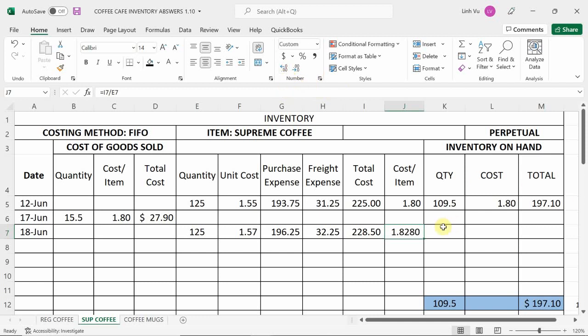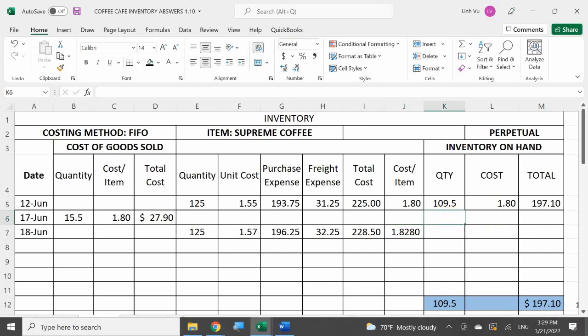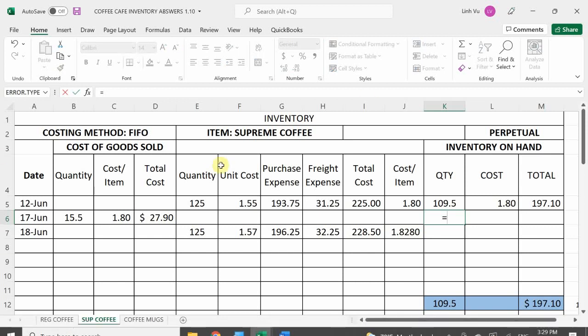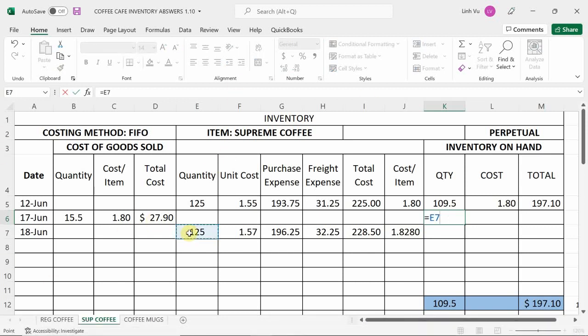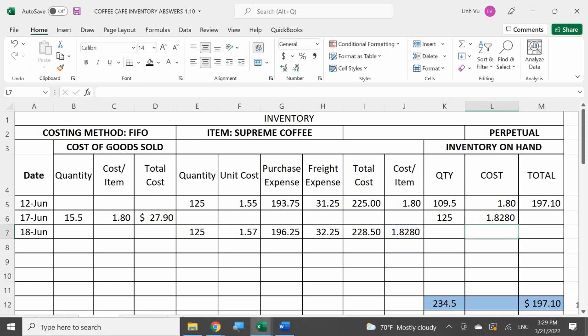Good. So what I'm going to do is carry this value into my inventory on hand, saying that I have 125 pounds costing me $1.0828, okay, which gives me a grand total of $228.50.